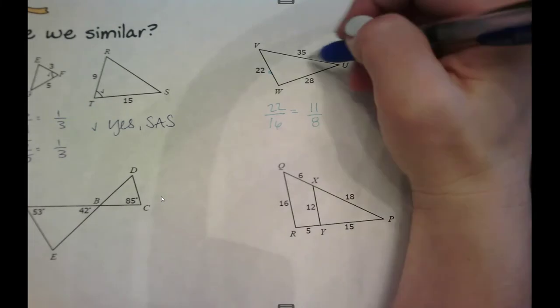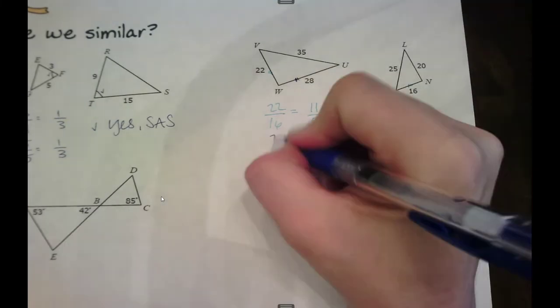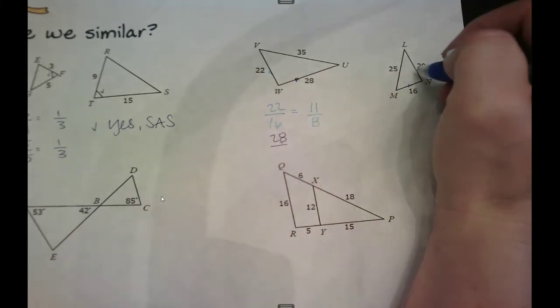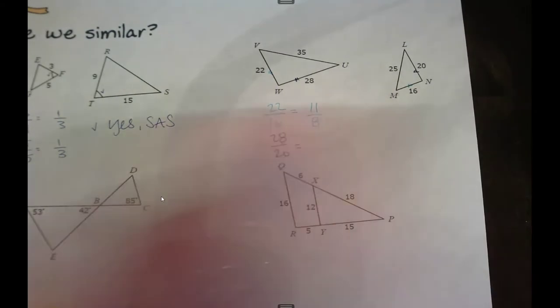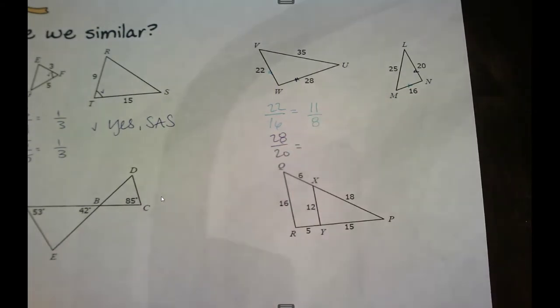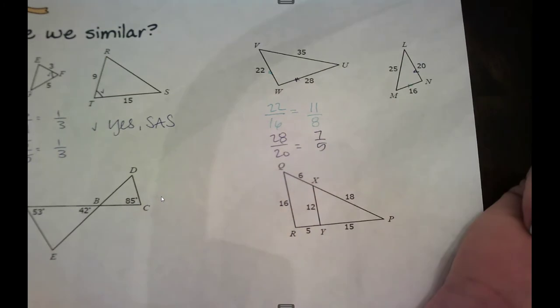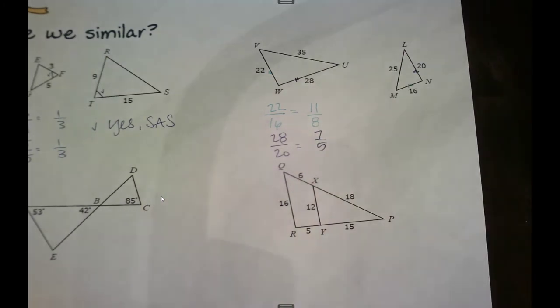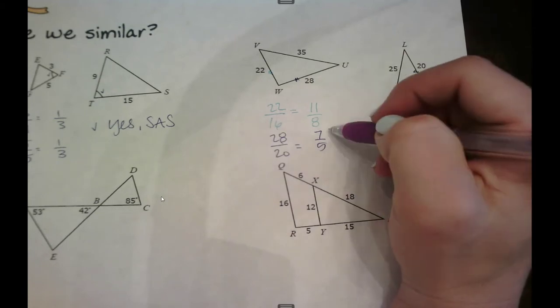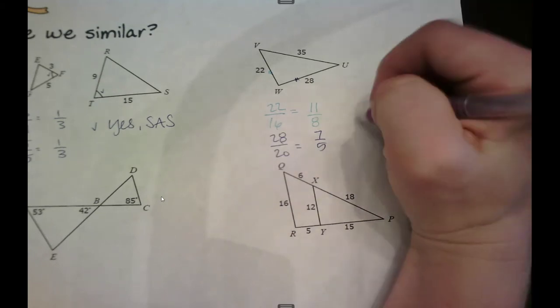Let's see, the next one is 28 to 20. And 28. 7 over 5. I can actually stop there. Since these two are not the same, then they are not similar.